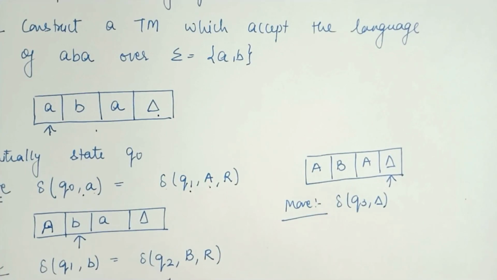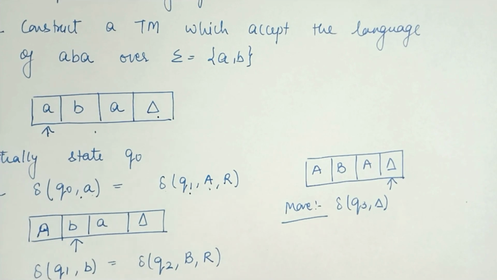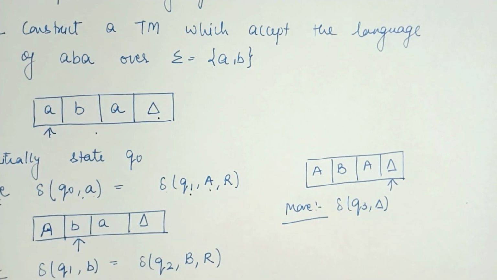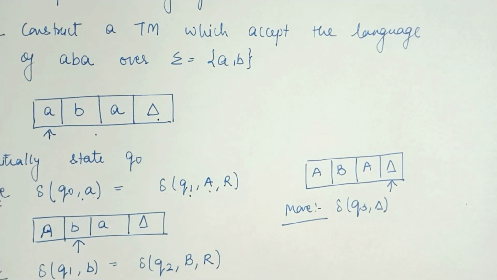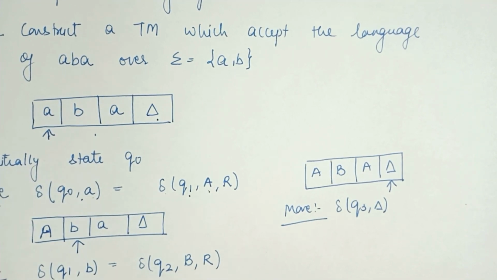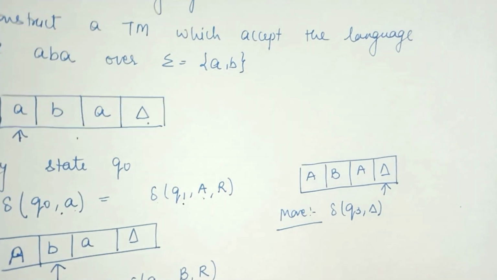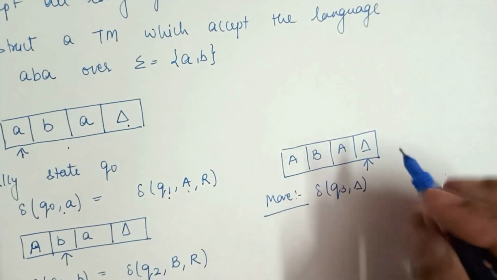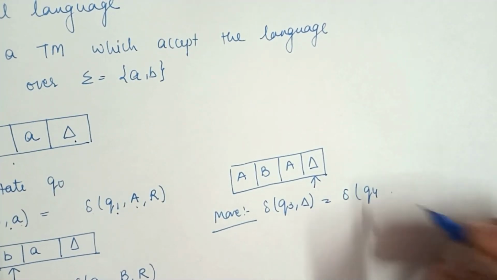As we know, if we are on the delta, what does it mean? This means that we have already considered the input string that is given, so it will move to the next state, Q4.